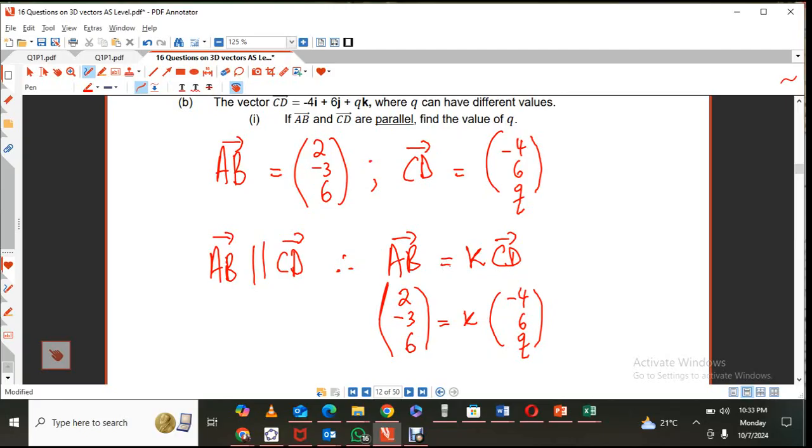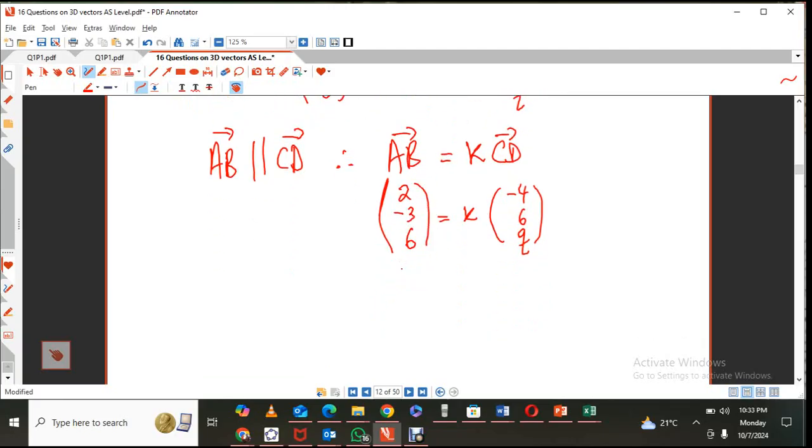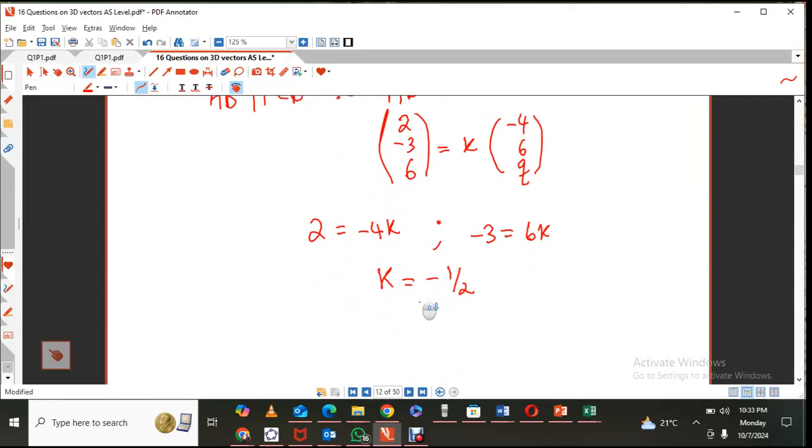Right, so once you're like this, you can go ahead and equate the two by multiplying each component. Now this gives us 2 is equal to negative 4 times k. By the way, you're going to get the same answer when you do negative 3 is equal to 6k. This is going to give us that k is negative 1/2 either way. Now that I have that, I can find the value of q. So 6 is equal to qk.